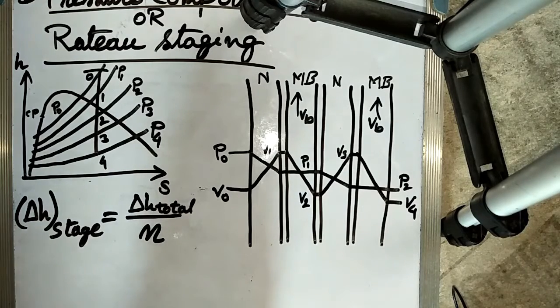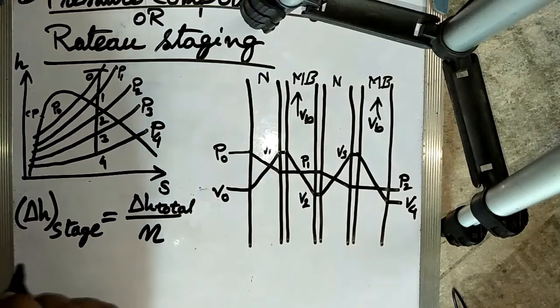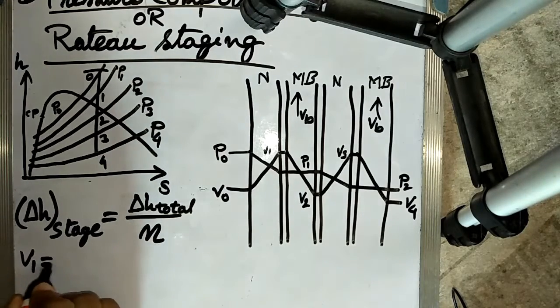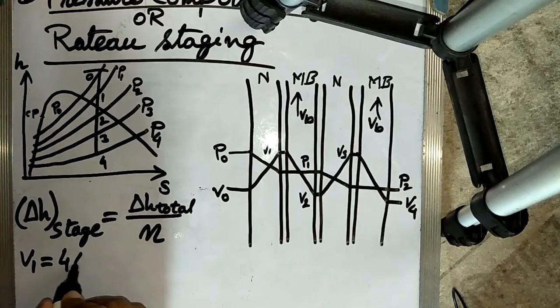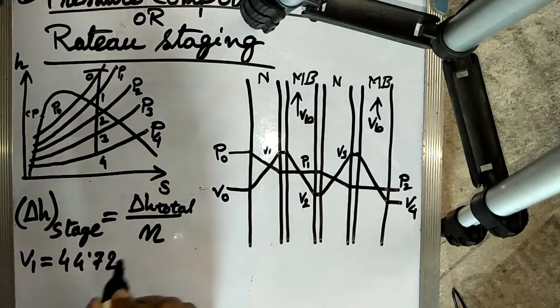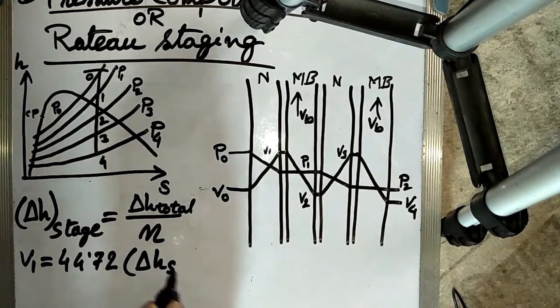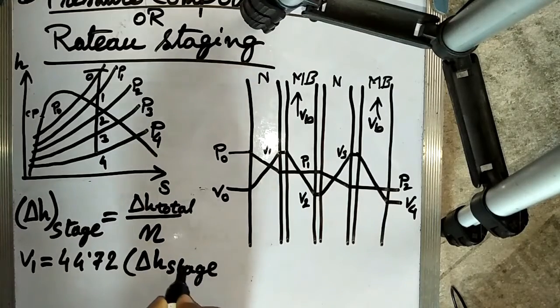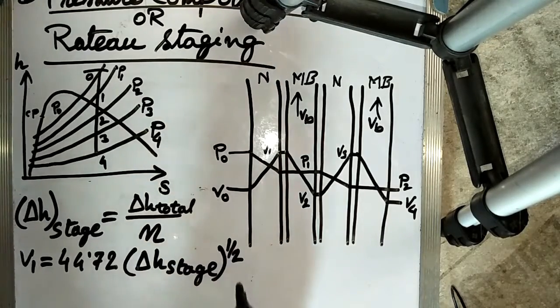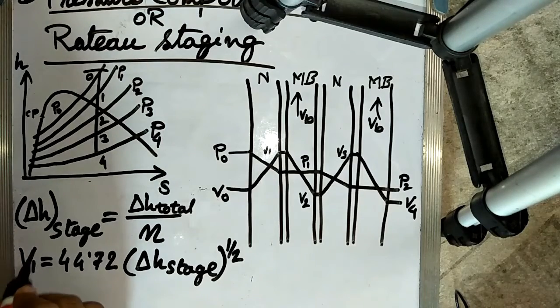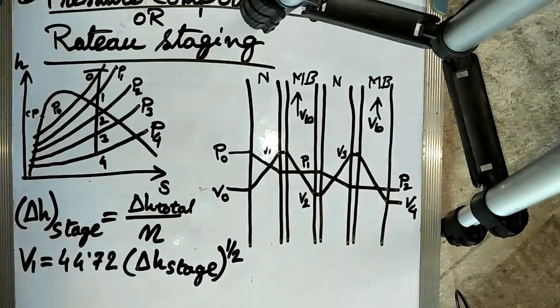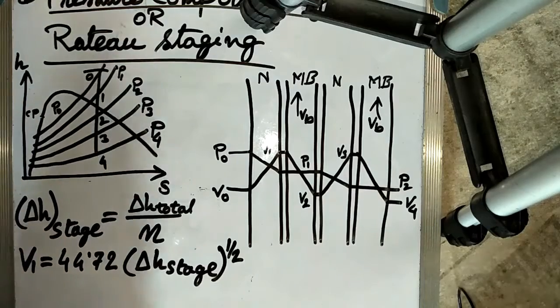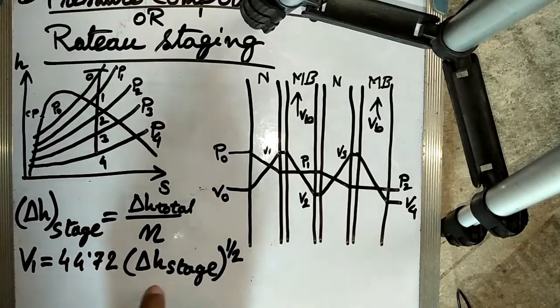Now for an impulse stage, we can write V1 equals 44.72 into (delta H stage) to the power half. That is the exit velocity of steam from the nozzle, with delta H being the enthalpy drop per stage.